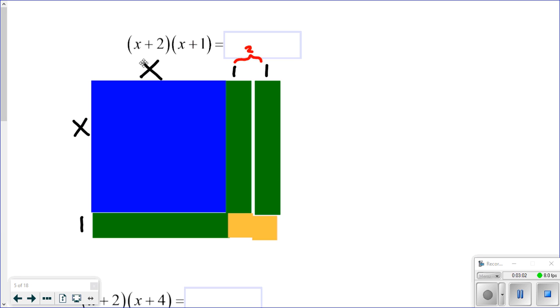So when we go through and multiply this, what do we get? This right here, x times x is x squared. And then remember this is 1x, 1x. x times 1 is 1x. 1 times 1, 1 times 1. If we count these up, what do we get? We get x squared plus 3x plus 2.